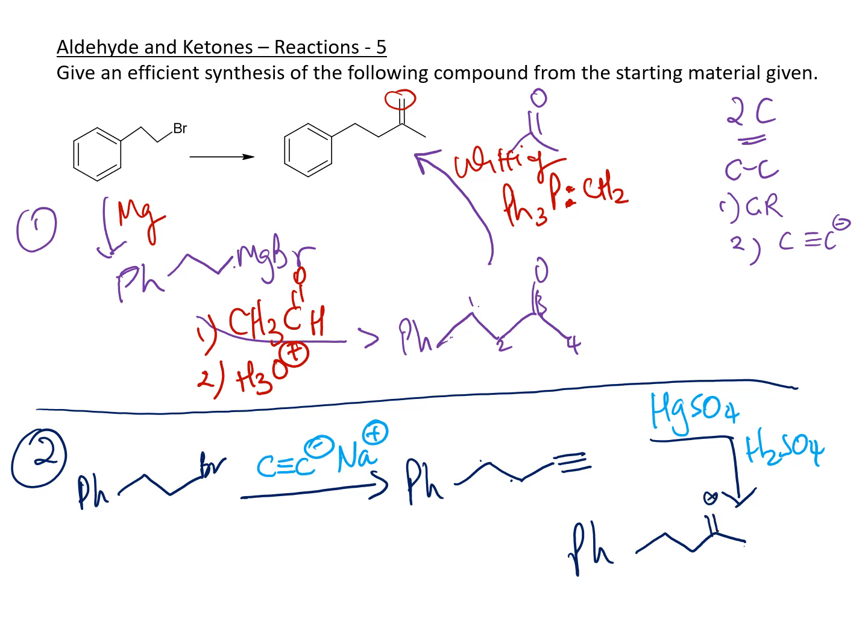So I have 2 different ways of making a ketone. The last step is still the same, which is the Wittig. So in this case, same thing, Ph3P, and then here is the methine. Sorry, not methyl, not methine, methylene, and then you get your product at the end.